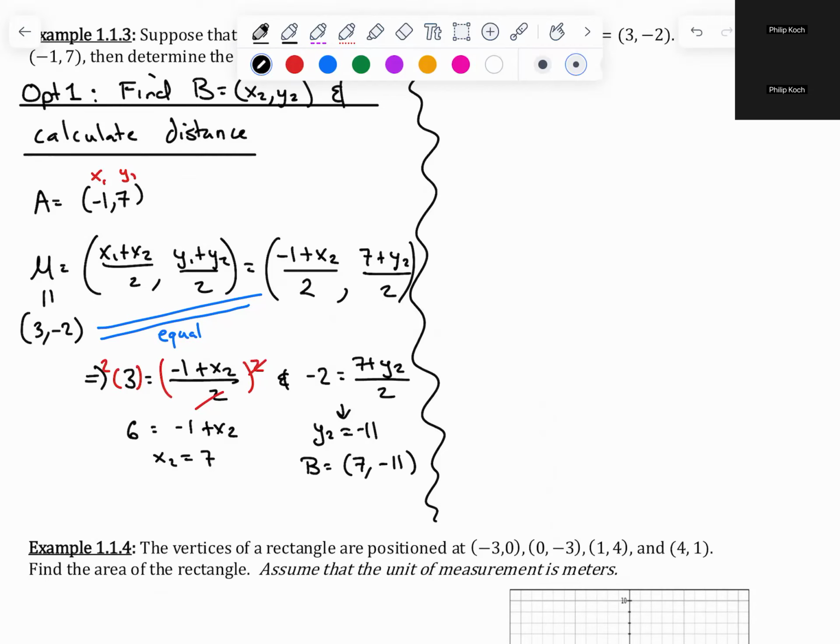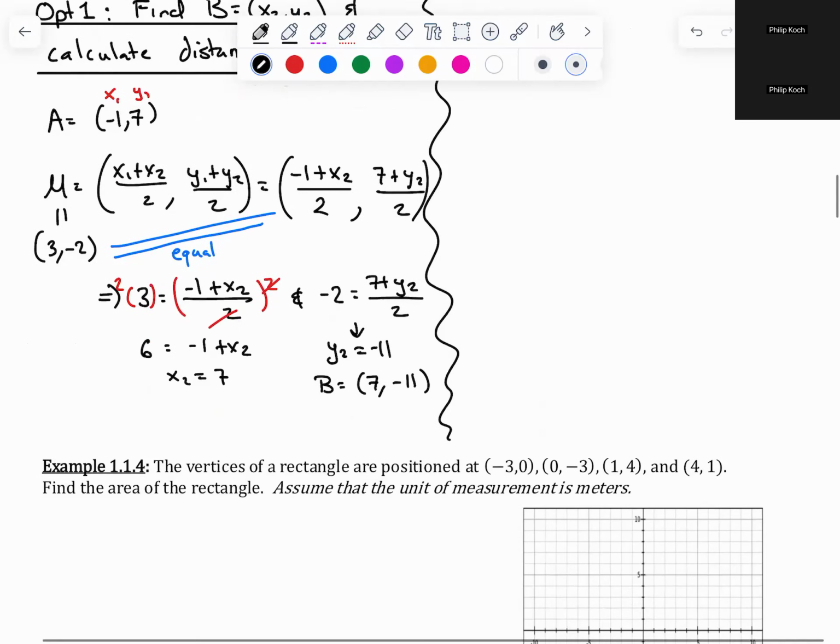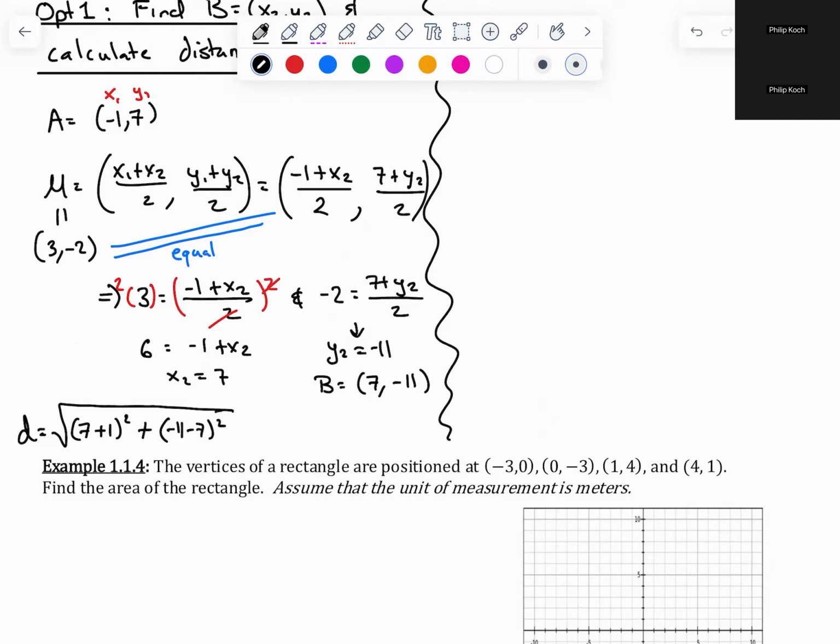Now we have point B, we have A, we have the distance formula. We can find out what it is. So D is equal to the square root of x sub 2, so 7, minus x sub 1, so +1, squared, plus -11 minus 7 squared.